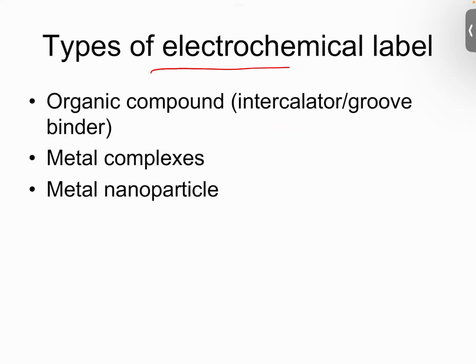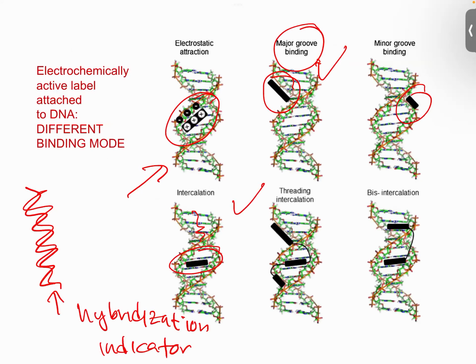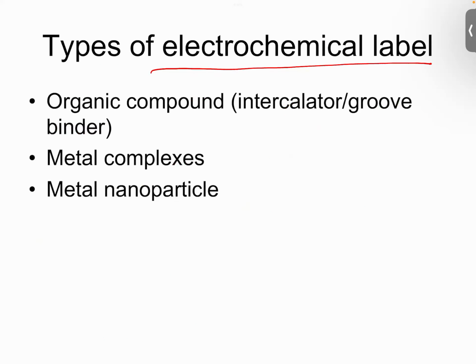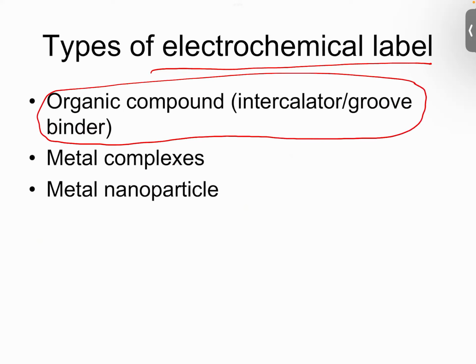So the electrochemical label, whether it is an intercalator, which is the mechanism of how it binds with the DNA, or a major groove binder, these are types of electrochemical label that we have. Usually intercalators and groove binders are organic compounds, but sometimes intercalators can be metal complexes.